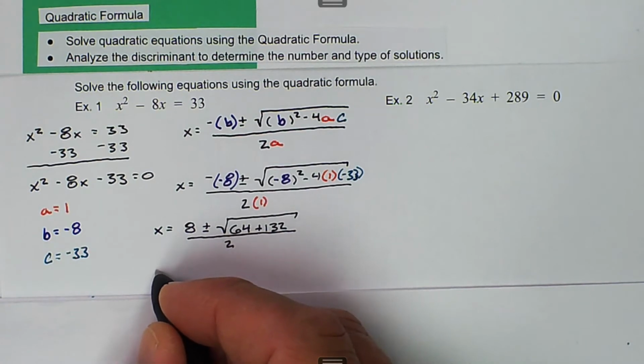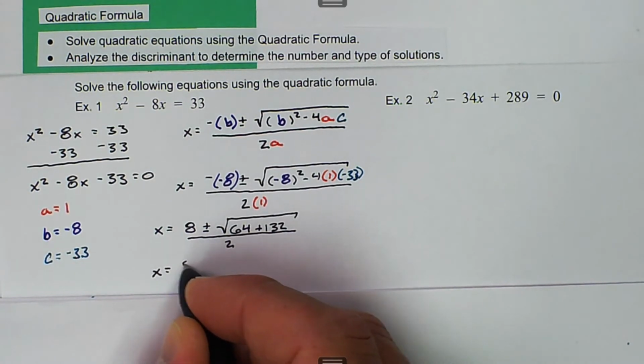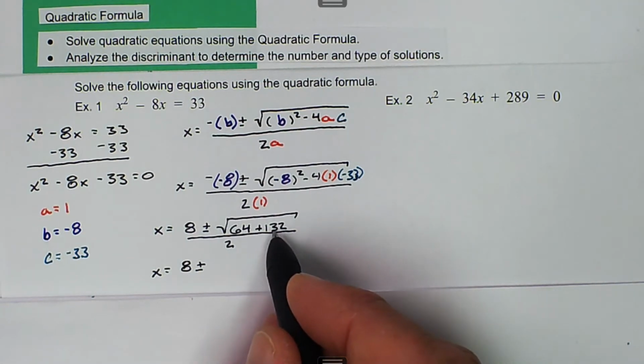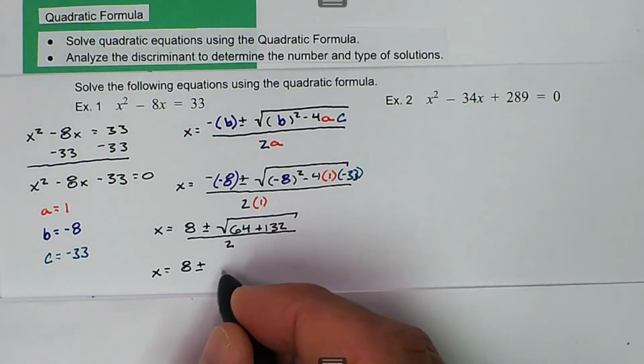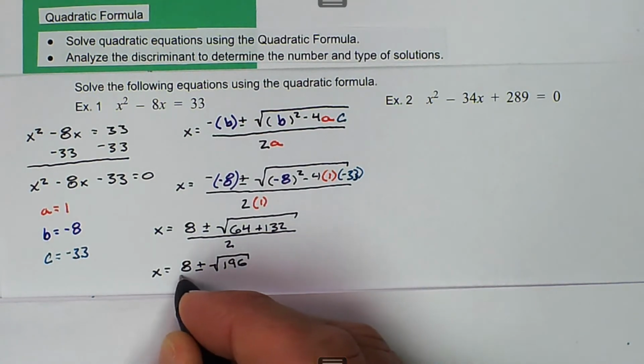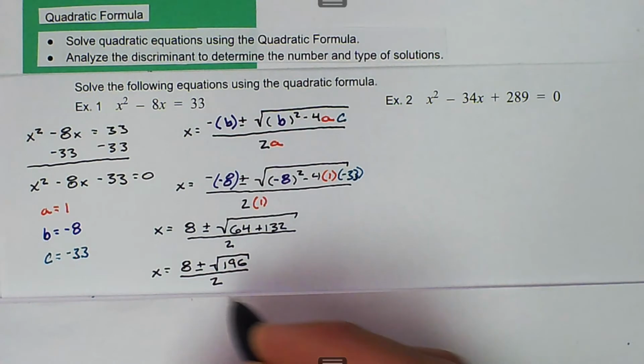So we get x equals 8 plus or minus 64 plus 132 is 196. You still have the square root, and that's all divided by 2.